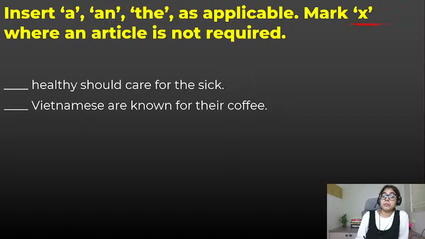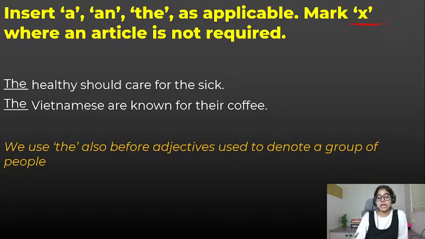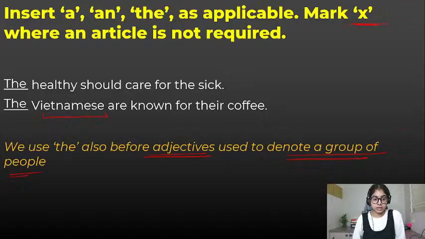Now a better choice is the. Why? Because the rule goes we use the also before adjectives used to denote an entire group of people. ठीक है, इधर सिर्फ एक वियतनामीज की नहीं मल्टीपल वियतनामीज की बात हो रही है. इधर सिर्फ एक हेल्दी की नहीं मल्टीपल हेल्दी लोगों की बात हो रही है.